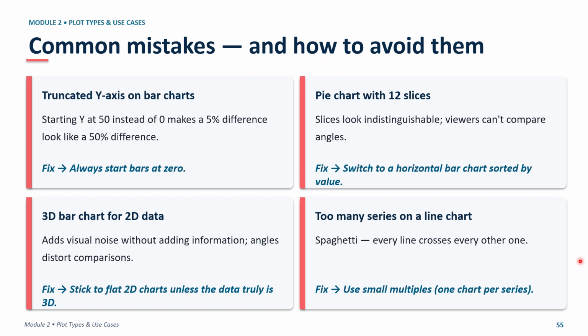Software like Excel will let you make a 3D chart with one click. The results look very impressive, but it is actually worse for communication. You can fix this by flattening: keep your chart 2D, and reserve 3D only for data that genuinely has three numeric dimensions. And too many series on a line chart is not advisable. You can use small multiples, one chart per series.